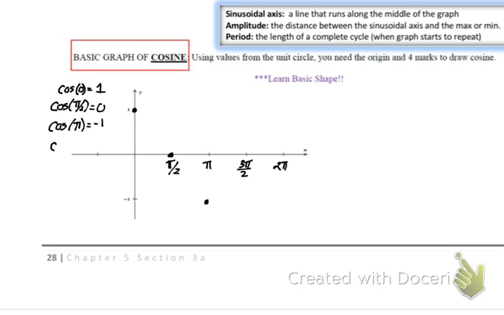And then we have a cosine of 3 pi divided by 2. That's back to 0. And finally, we're going to do the cosine of 2 pi, and that comes back to 1. Once again, we're going to use a nice curve.